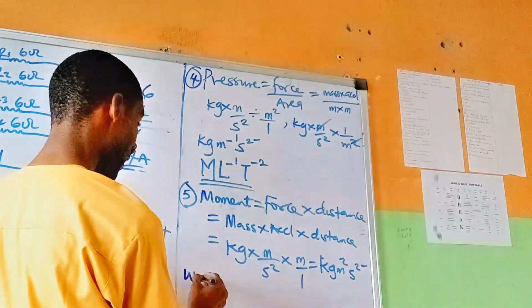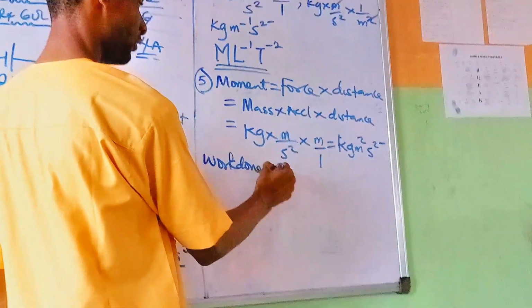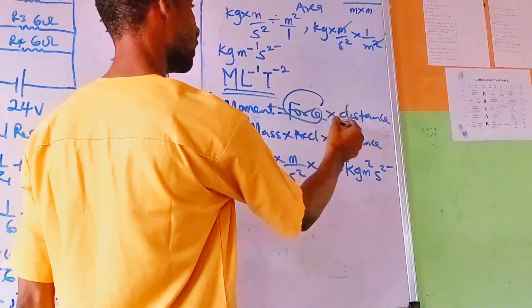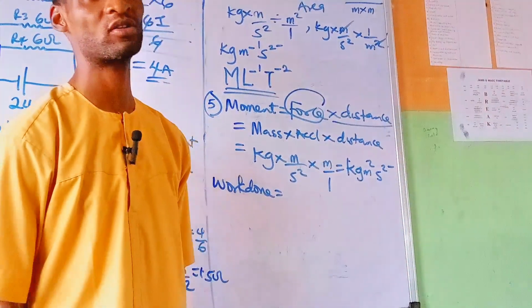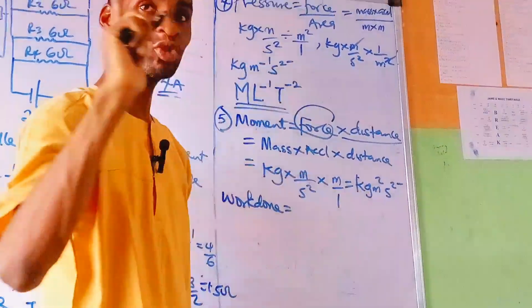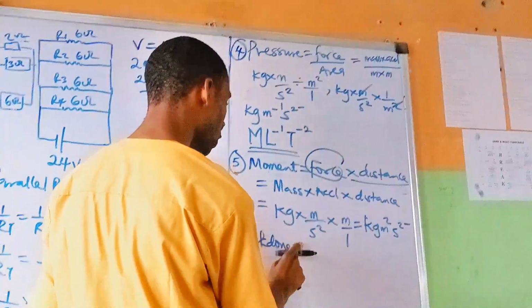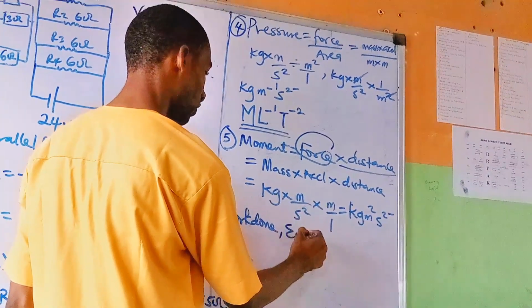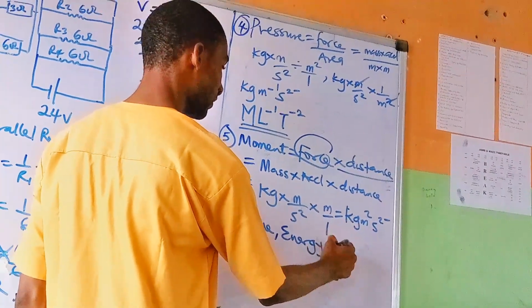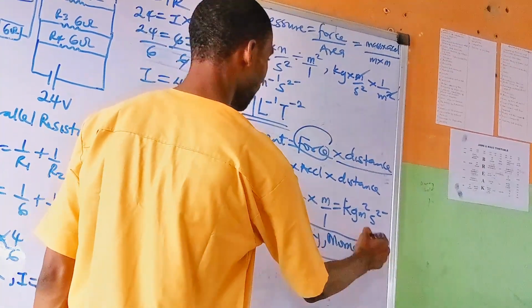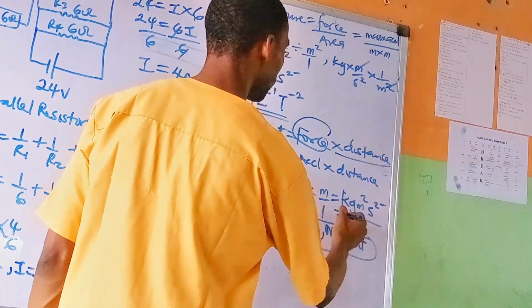So let us confirm that. What's the formula for work done? Work done is the product of force times distance. This is force, this is distance. So that is work done. Note this: these three quantities, work done, energy, which is potential energy, and moment of force, have the same SI unit, which is equal to this.